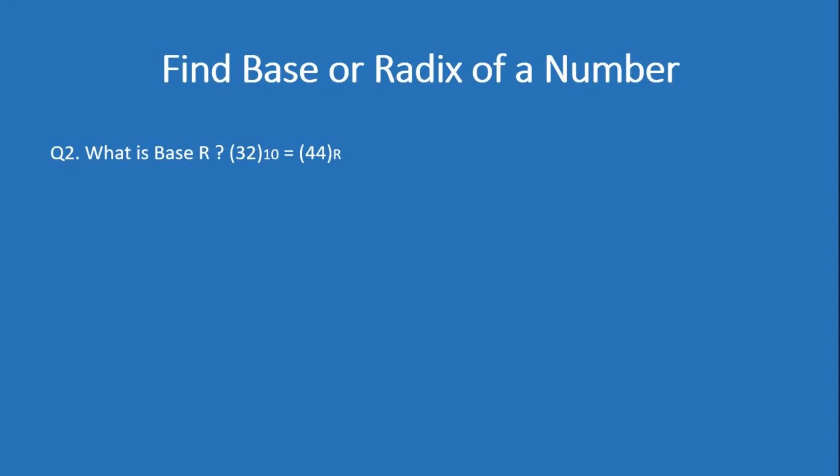Now the question is how to convert into radix 10. Here ABC is a number in base r, where A, B and C are 3 unique digits in base r. First of all, we have to take the rightmost digit, meaning C, and multiply this number with r to the power 0.